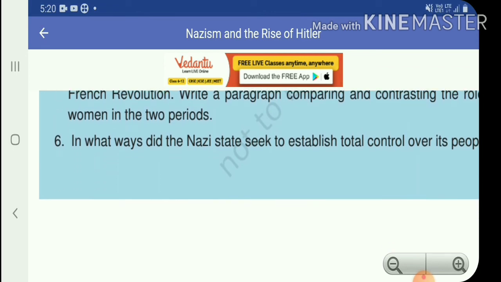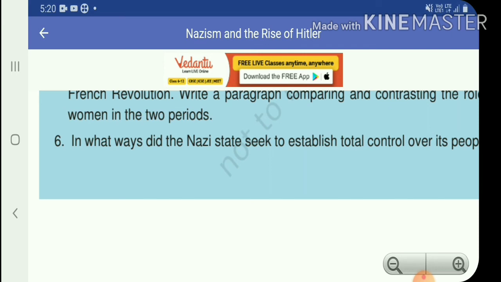In what ways did the Nazi state seek to establish total control over its people? Now we'll watch this question's answer. President of the Weimar Republic, Paul von Hindenburg, made Hitler the Chancellor of Germany shortly after a mysterious fire broke out in the Reichstag, the parliament building of Germany.